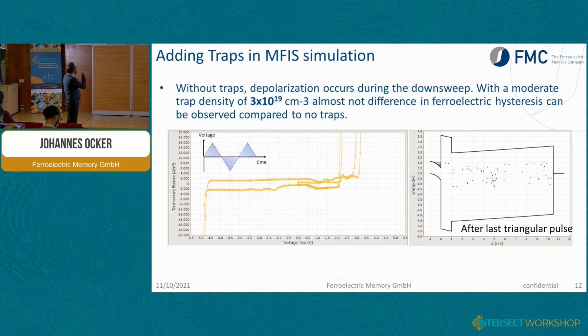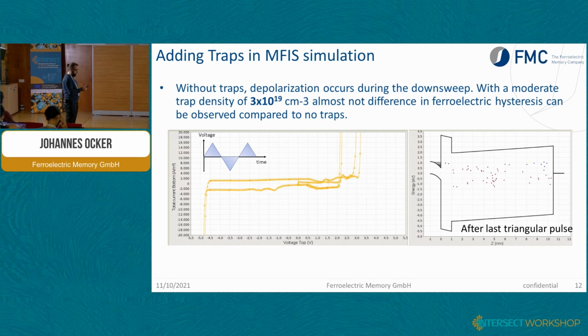So without the traps, we saw that the depolarization occurs, with very high leakage over the silicon dioxide. We now add 3 times 10 to the power 19 per cubic centimeter of traps, and we assume we have 2 trap levels, one upper and one lower, which could correspond to oxygen vacancies, for example, but we actually don't know what kind of traps are in there, so we just assume these.